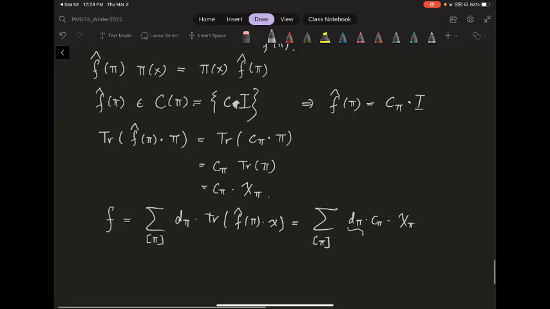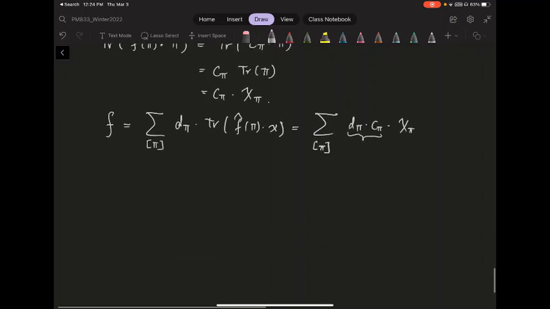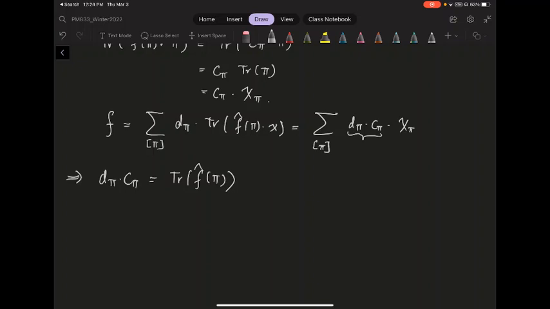And so now I just need to tell you what exactly d pi times c pi looks like. You can recall your f hat is a diagonal matrix with c pi, and it's a d pi by d pi matrix. So the d pi times c pi is just really the trace of the f hat of pi, okay? So that's just what it is.